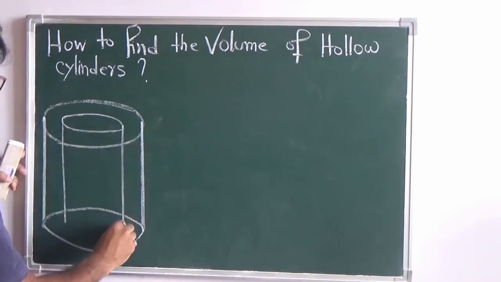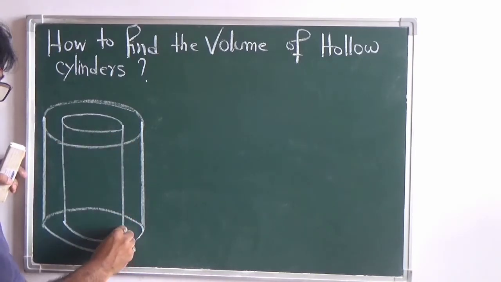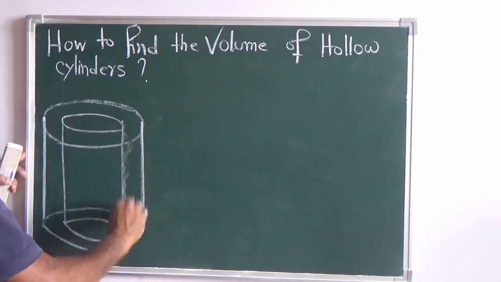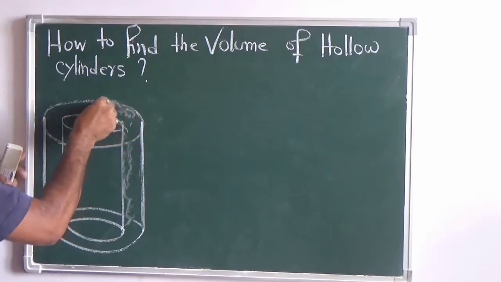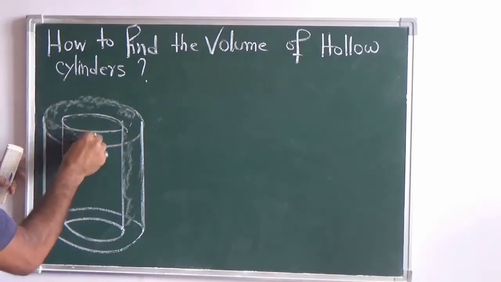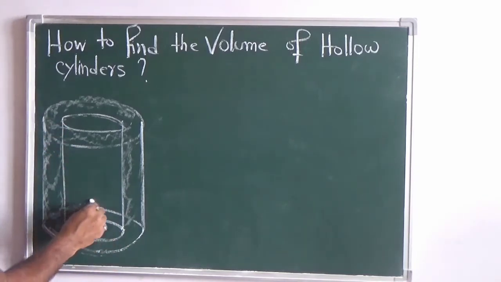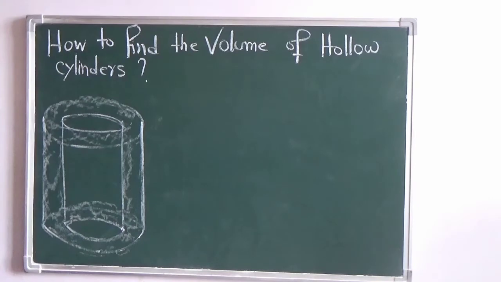So this is a hollow cylinder. This is the part which is filled, the solid part. That means at the top portion, the area of cross section is in the form of a ring. So this is your hollow cylinder.